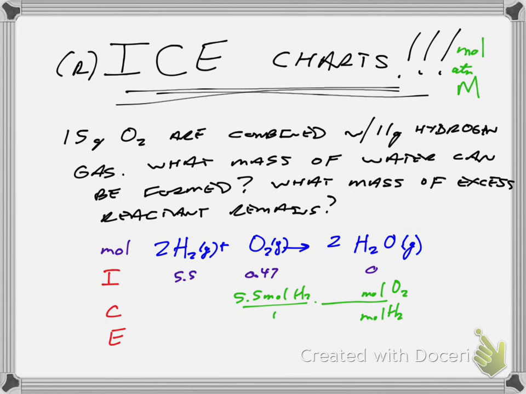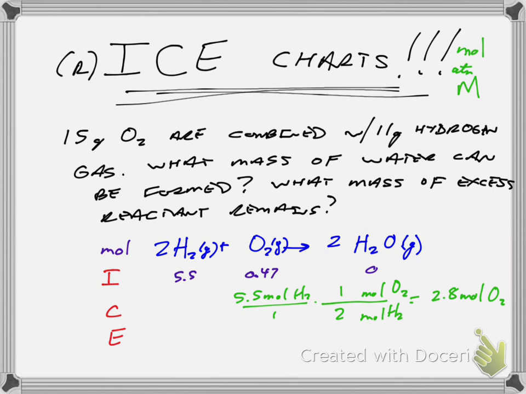So that means for every 1 mole of oxygen, I'm going to use 2 moles of hydrogen. So then when I plug that in my calculator, I find that 5.5 moles of hydrogen would react completely with 2.8 moles of oxygen.